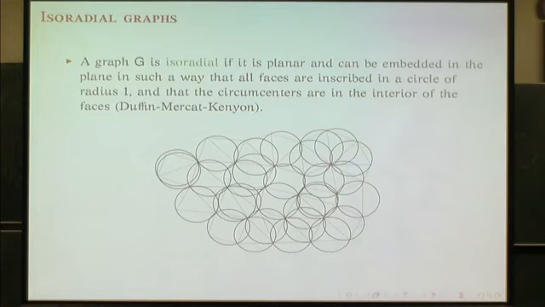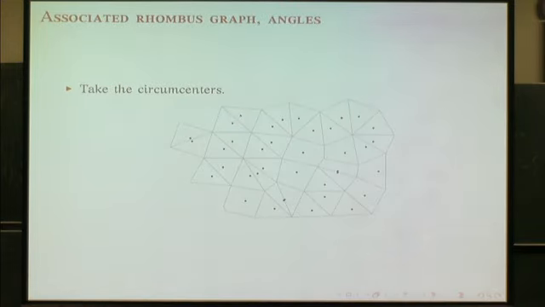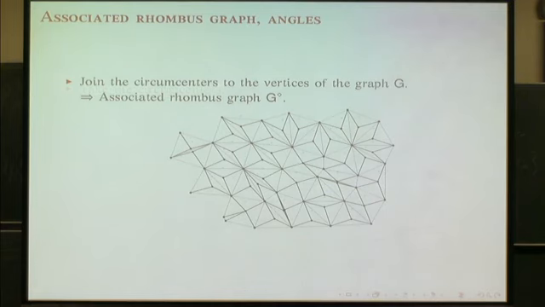which will be important to define the model. So to define the rhombus graph, you take the original graph and you take all the circumcenters. So they're a specific embedding of the vertices of the dual graph. So there are little lozenges drawn on the picture. And you join all of these to the vertices that are on the boundary of the corresponding face.